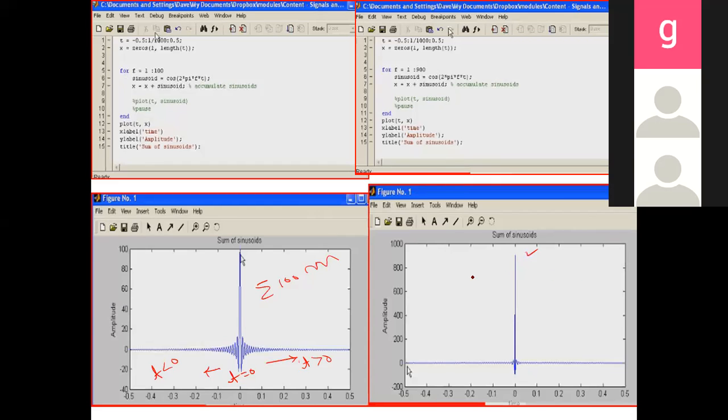This is nothing but my delta function, which is zero except at t equals 0. The x-axis is nothing but t, and when t equals 0, I get a spike which is called an impulse. It's called an impulse function.